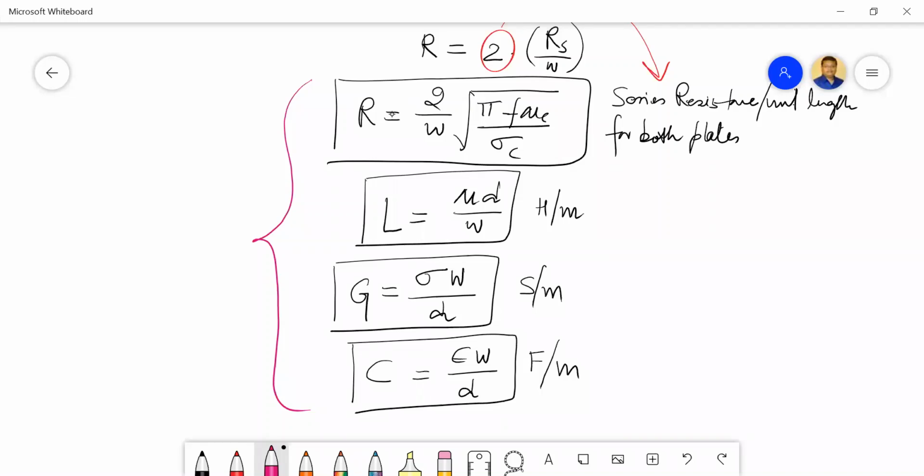So the thing is, we are very much comfortable with circuits. We have seen in the previous classes as well, we tried to write equivalent circuits all the time in terms of R, L, G and C, and we tried to find the output parameters.